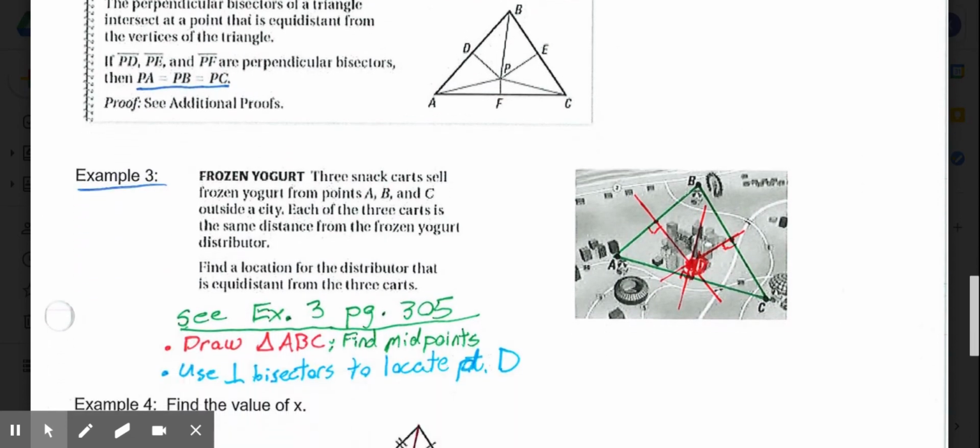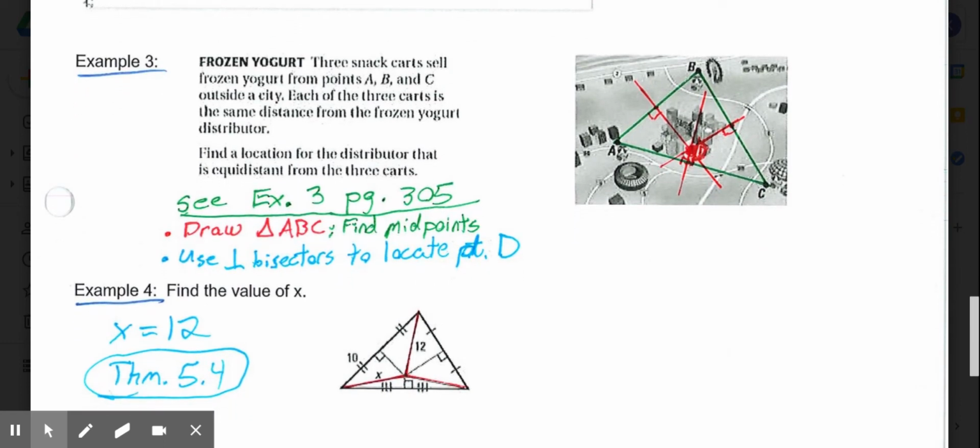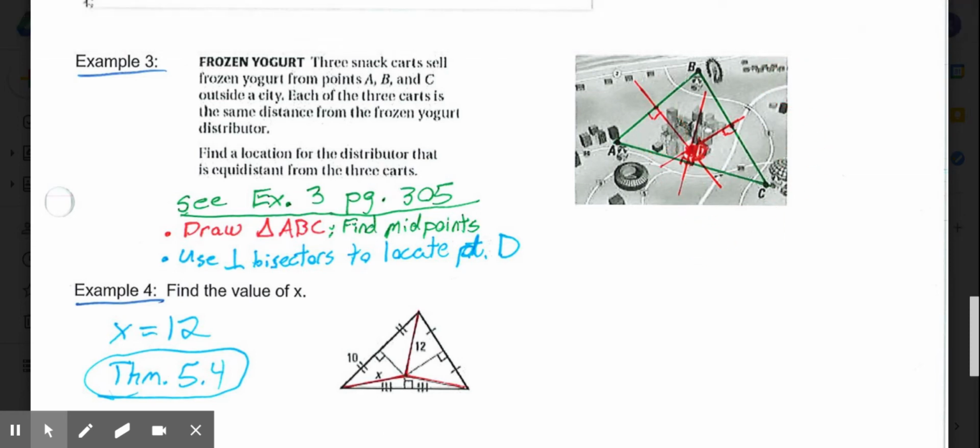So then we can use that idea to find some locations. Now for example 3, I'm going to create a short second video walking you through how to do this drawing or construction. But the main idea here is that we have 3 carts of frozen yogurt, points A, B, and C outside a city. Each cart's the same distance from the distributor. They want us to find the distributor that's equidistant from the 3 carts.